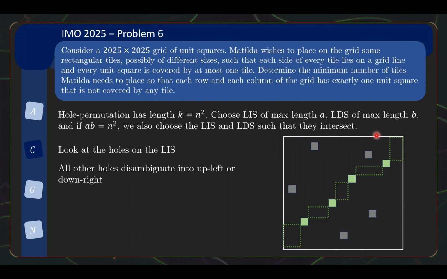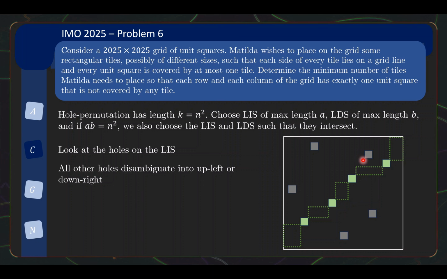Now, let us look at the holes on the chosen LIS. Let's say it looks something like this. Now, given that it's an LIS, the little regions that are in between two successive holes on the LIS must not have a hole in them.